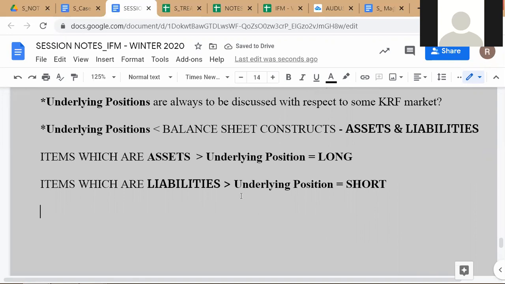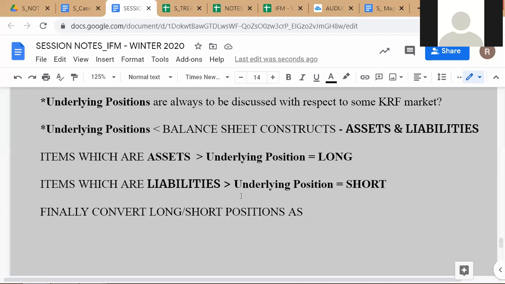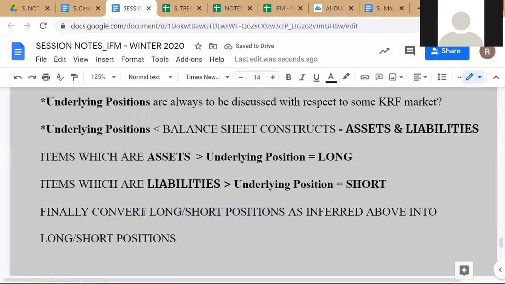What should we use here? Okay, let's use inferred. Or convert or restate, not convert actually.